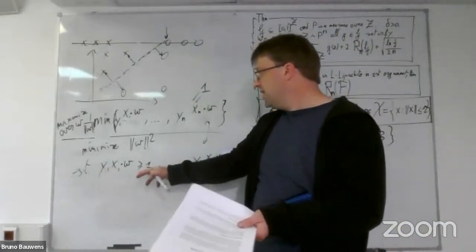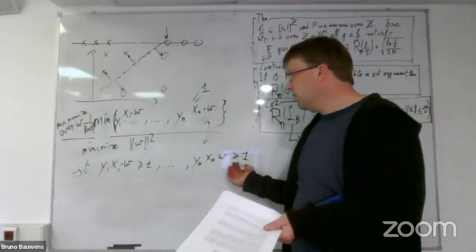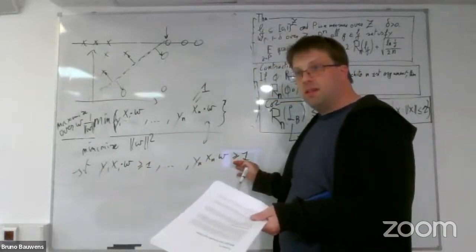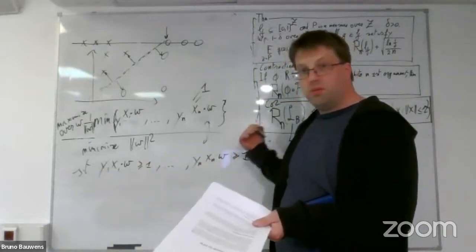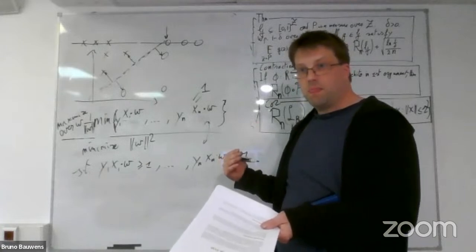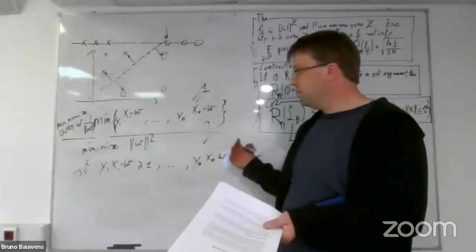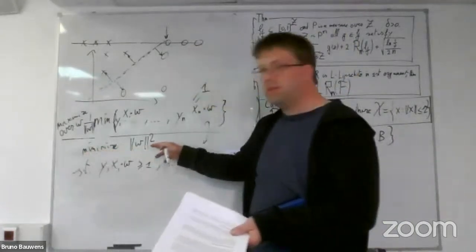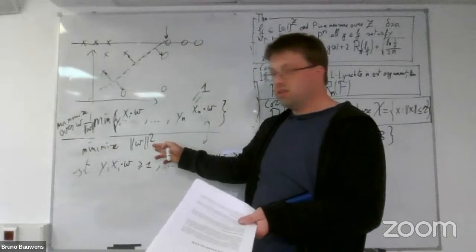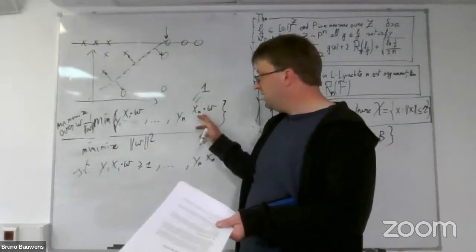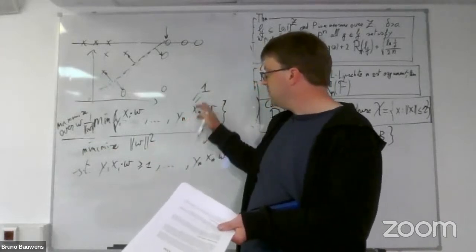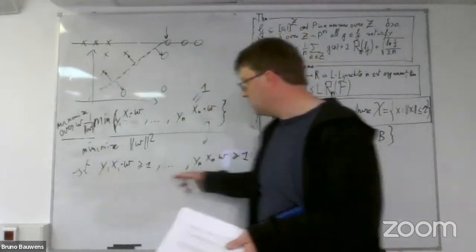Note that when all inequalities are strict, we can make W smaller, and hence we are minimizing further. So at the optimal point, the minimum being equal to 1 is the same as this thing.